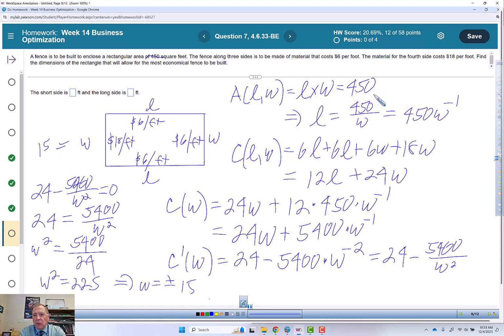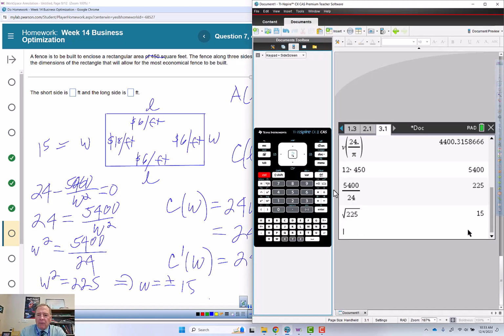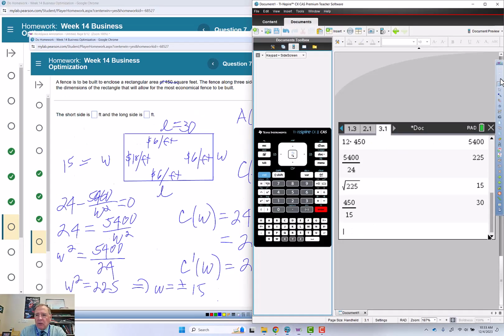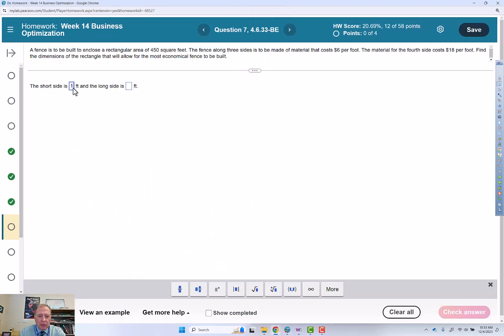And then if I do L is 450 divided by W, 450 divided by 15, that's 30. So the way they want the answer here is the short side is 15 feet, and the long side is going to be 30 feet. So we'll put in 15 and 30.